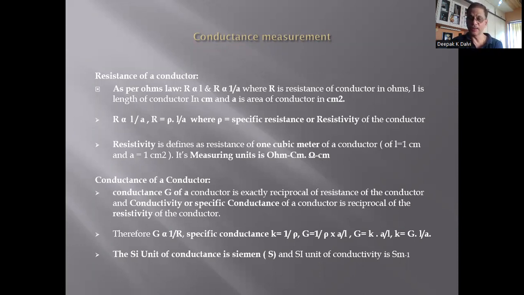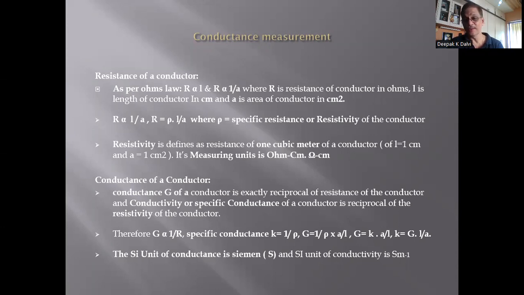Having understood the resistance of a conductor, let's understand the conductance of a conductor. Understand one thing: conductance of a conductor is exactly the reciprocal of resistance. Conductance, as its name suggests, is the ability to conduct, the ability to allow. So it is exactly opposite to resistance.